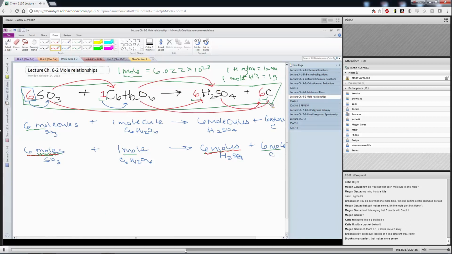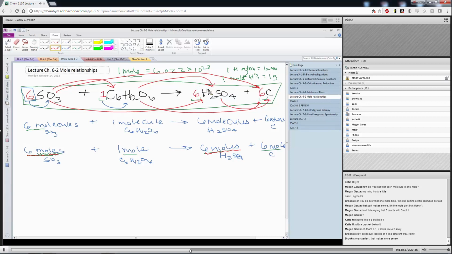So there's a whole bunch of relationships here between each reactant and each product that we could pull out of this equation. But we don't need all of them at the same time. We might just need 1 or 2 of them. Depending on what I give you and what I'm asking, that's what you're going to pull out.